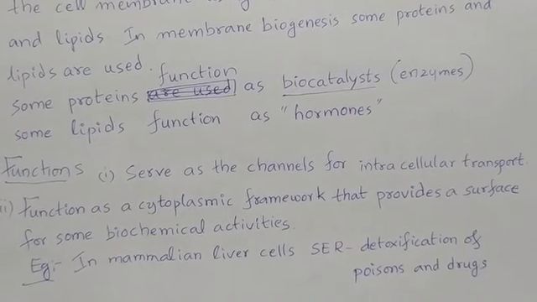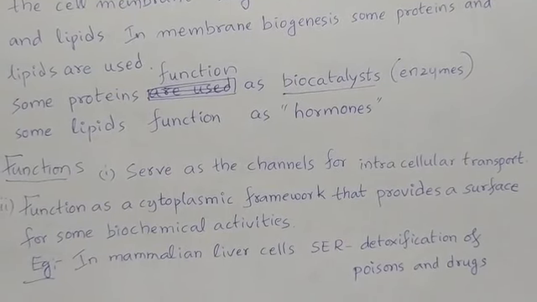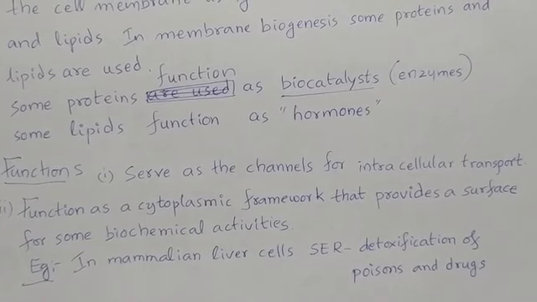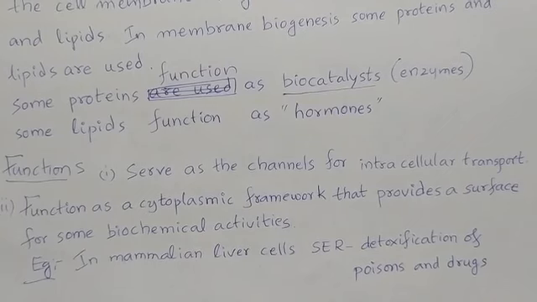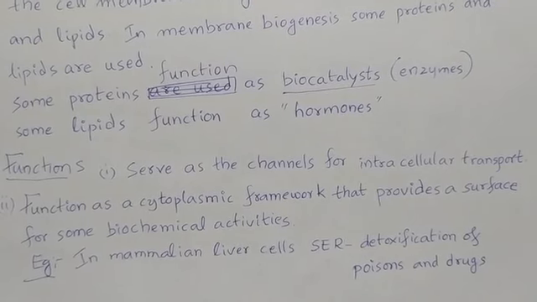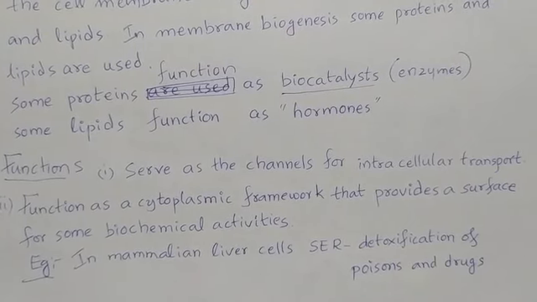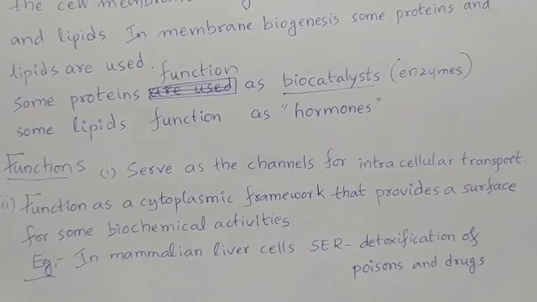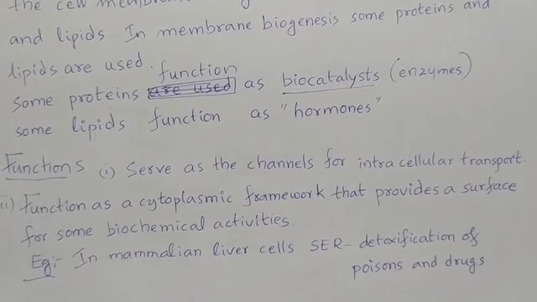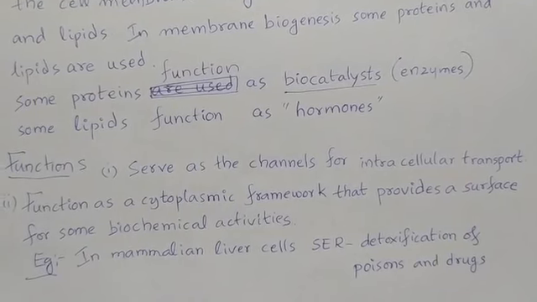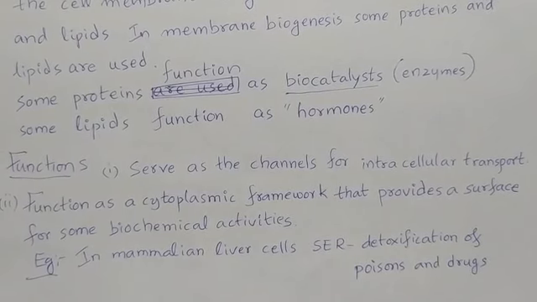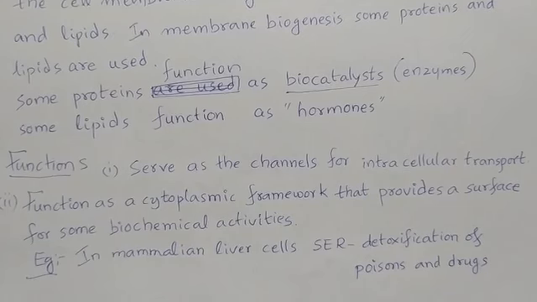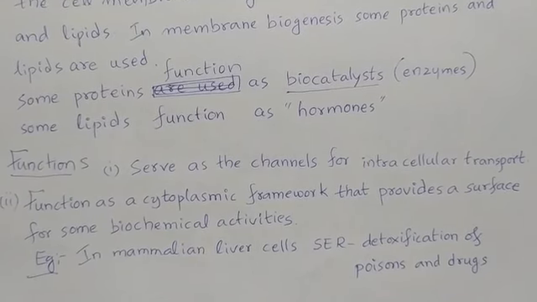They will have a certain poisonous or toxic effect. If that toxicity is not removed, then it may cause harm to the body. So that removal of toxicity, or detoxification of poisons and drugs, is carried out on the surface provided by the smooth endoplasmic reticulum in liver cells.